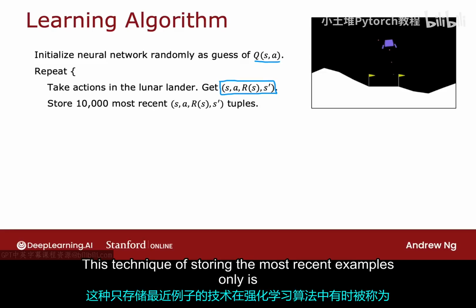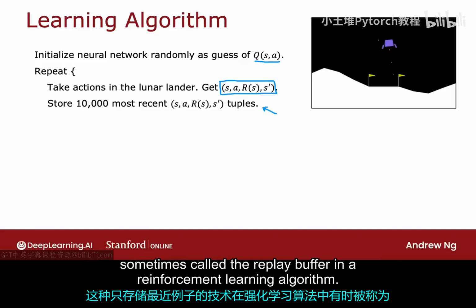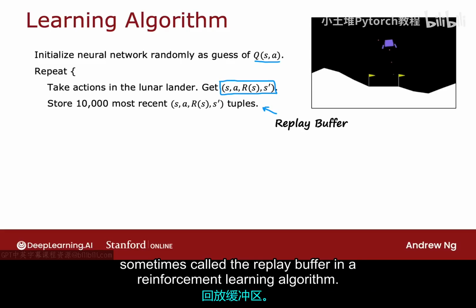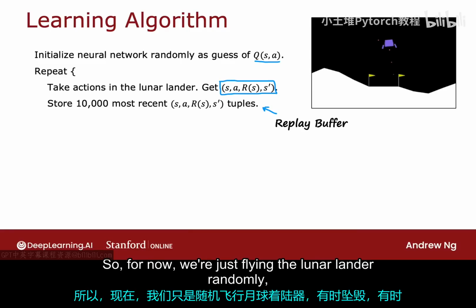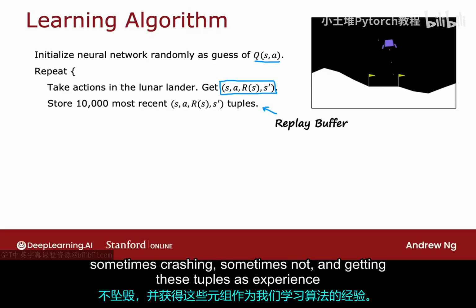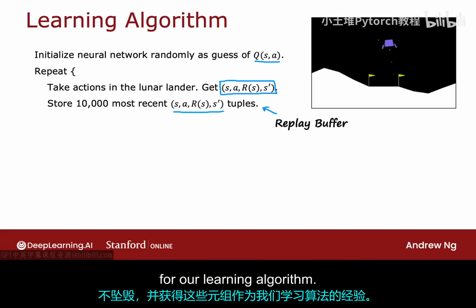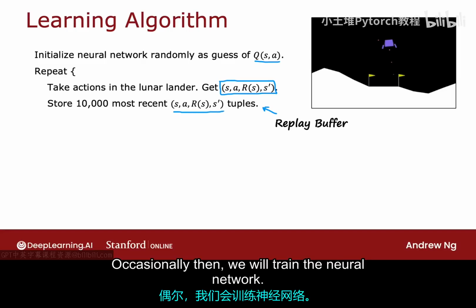This technique of storing the most recent examples only is sometimes called the replay buffer in a reinforcement learning algorithm. So for now, we're just flying the lunar lander randomly, sometimes crashing, sometimes not, and getting these tuples as experience for our learning algorithm. Occasionally then, we will train the neural network.